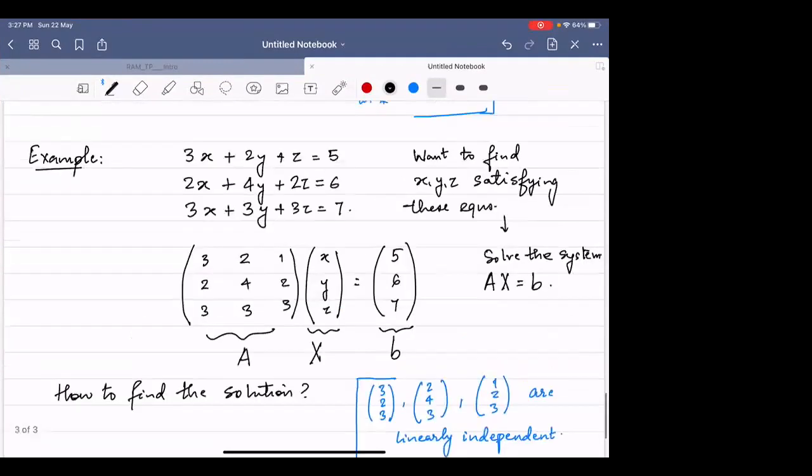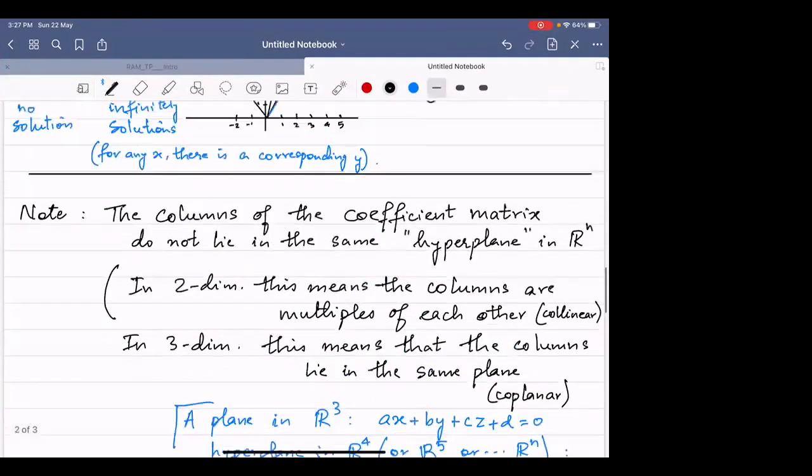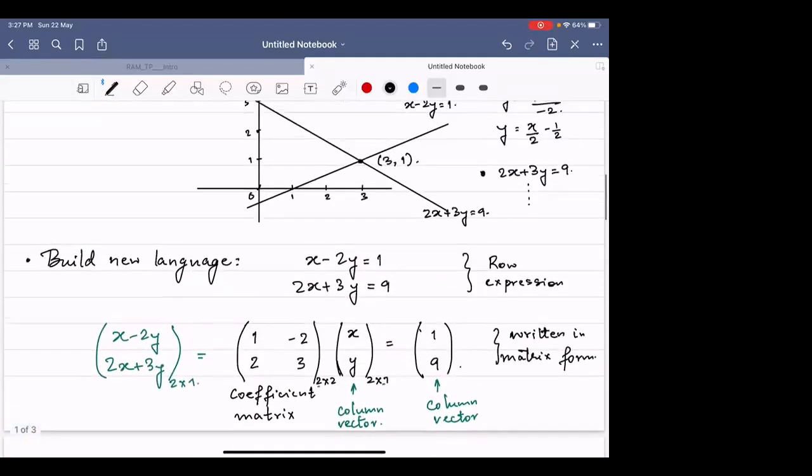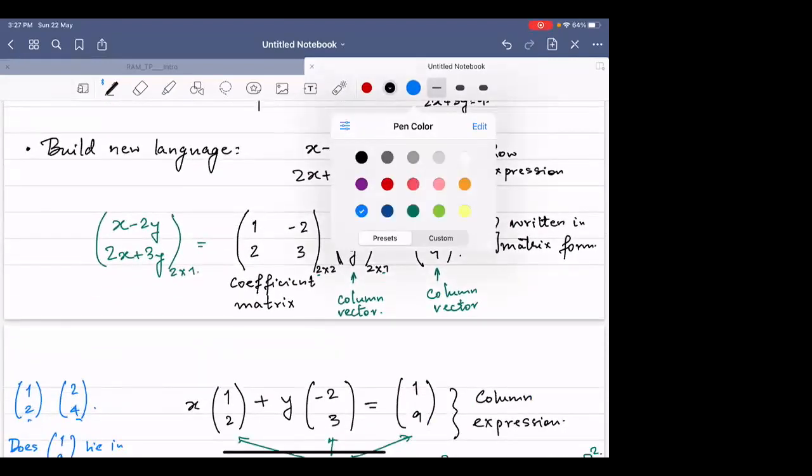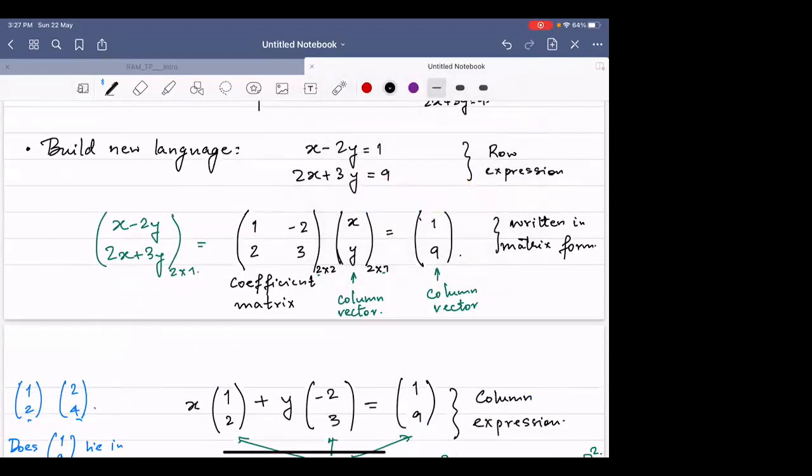Now, I should remark here that we could have solved this in another way. This process I'm going to show here once. In order to solve this system of equations, I could have looked at this coefficient matrix: 1, 2, -2, 3.